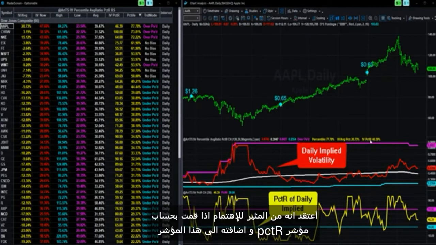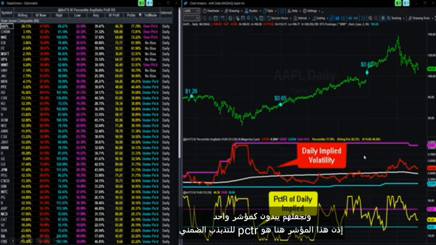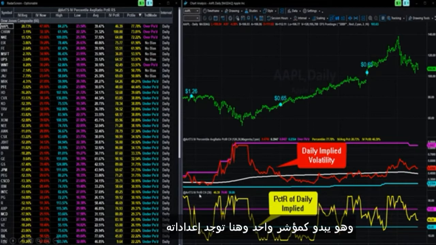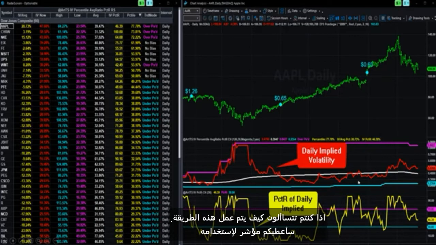I thought it would be interesting, since I'm going to calculate this percent R and put it into this indicator, that you might want to see it as a standalone indicator. So this is percent R of implied volatility, and you can set the look back length. If you're wondering how this is derived, I gave you an indicator to play with.